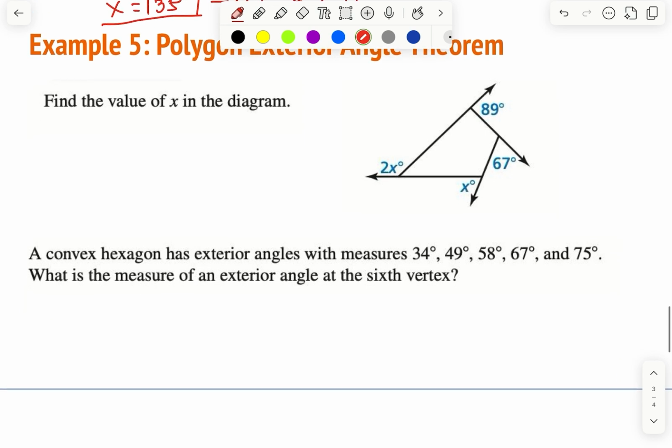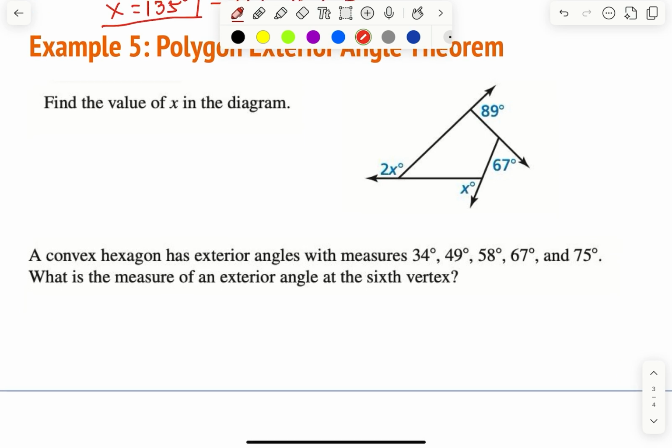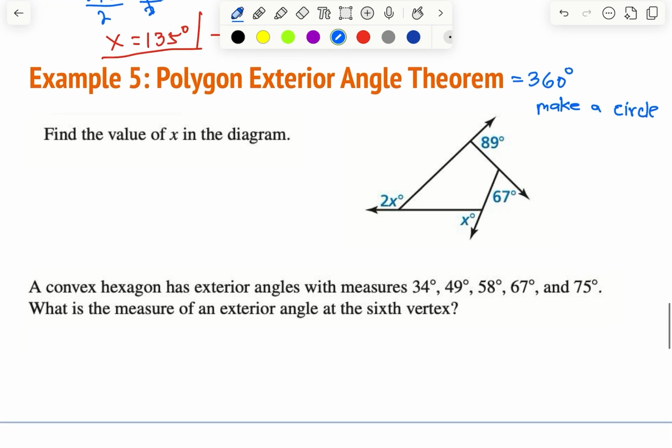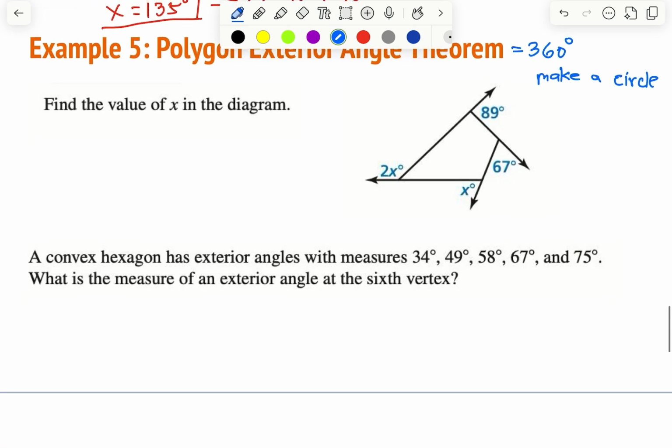Okay, so last example here. The polygon exterior angle theorem. Take note of this, the measurement of the exterior angles is always 360 degrees, and they can also make a circle. And the measurement of the angle of the circle is 360 degrees. So find the value of x in the diagram.